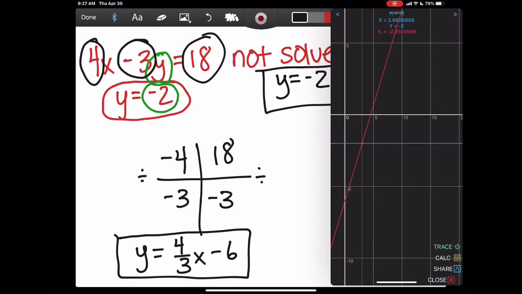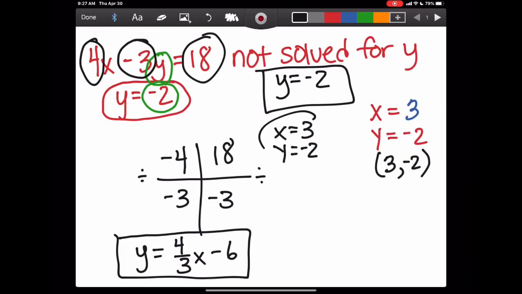Try to get it as close as I can. Let's try to get it a little closer. There we go. It says right here in blue, x is equal to 3.01. Say x is equal to 3, y is equal to negative 2, which is indeed the correct answer.